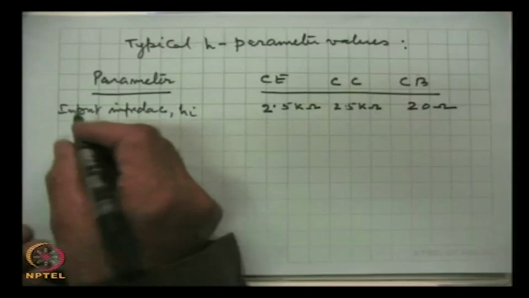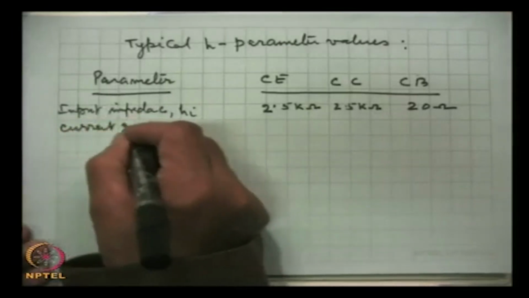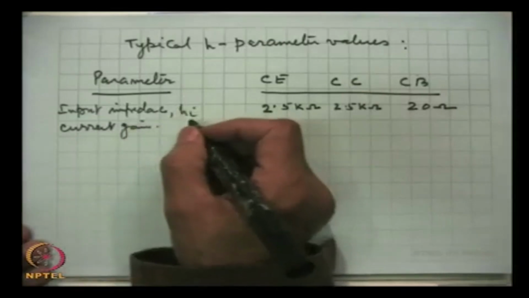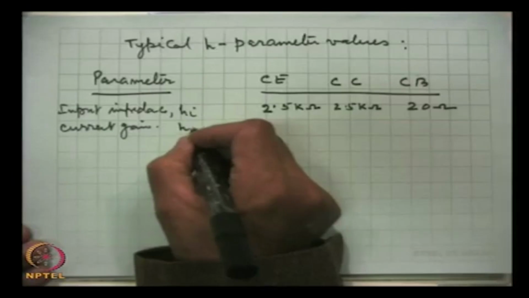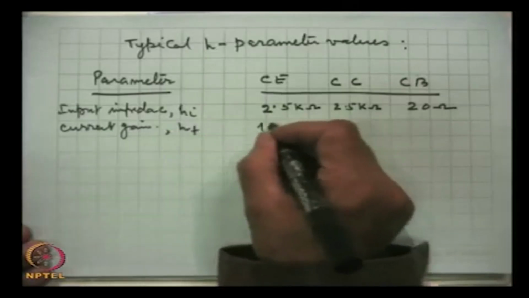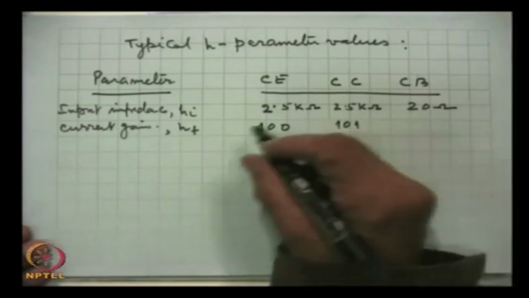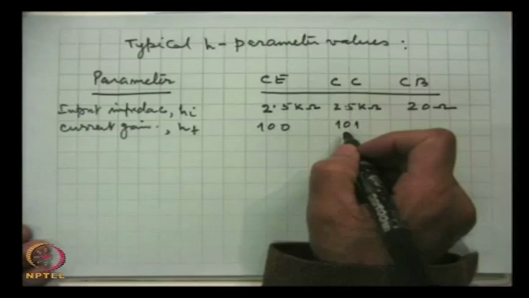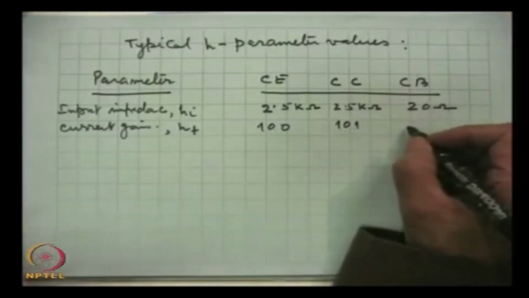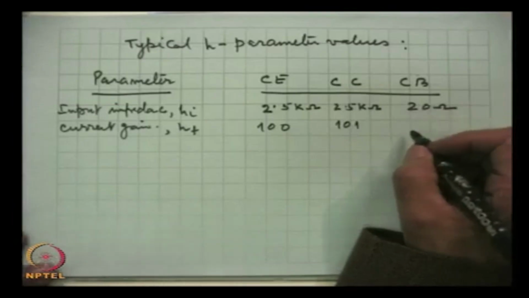And the current gain HF is around 100 in CE, 101 in CC, same as for common emitter. You remember alpha in the common base, which is close to 1 but less than 1.